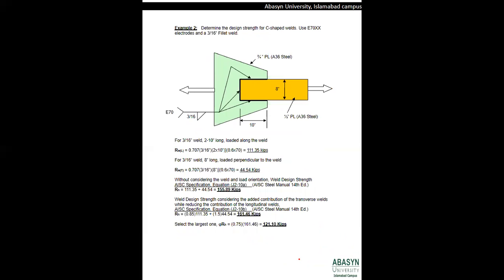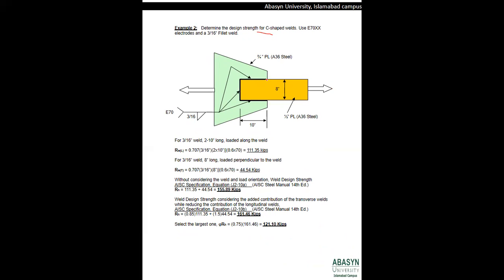After this analysis part, let's skip to the second problem, where we have a little more complex problem. We are given a steel section, and the section shape is a C section.